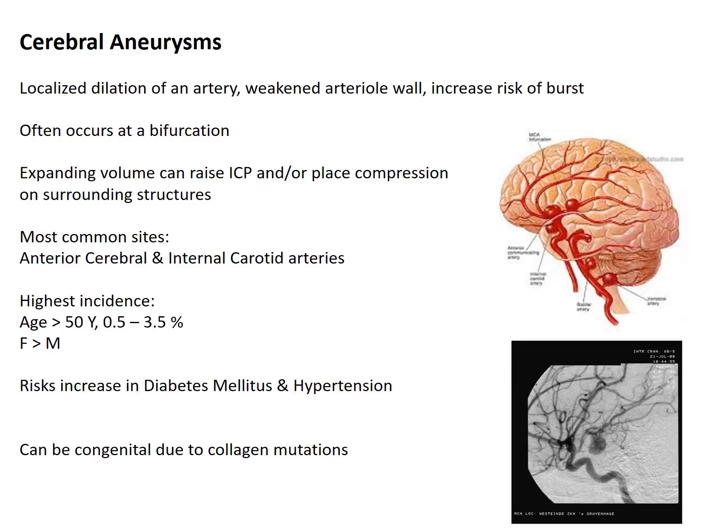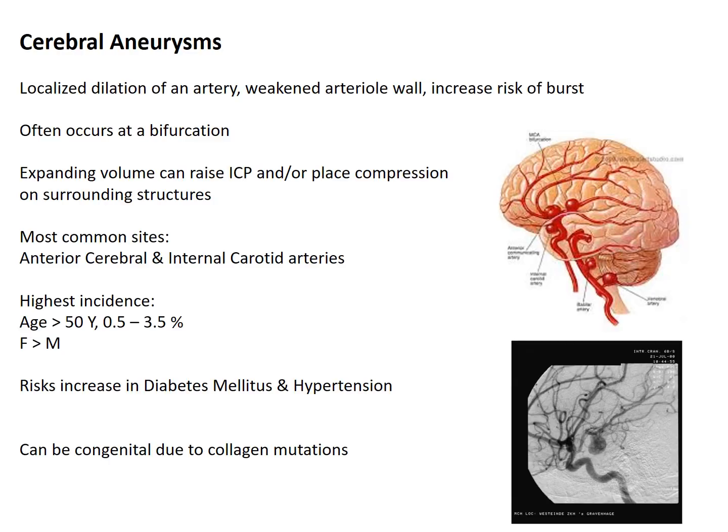As that aneurysm grows in size, that can raise intracranial pressure, that can place compression on surrounding structures. Anterior cerebral arteries and internal carotid arteries are common sites for these aneurysms.